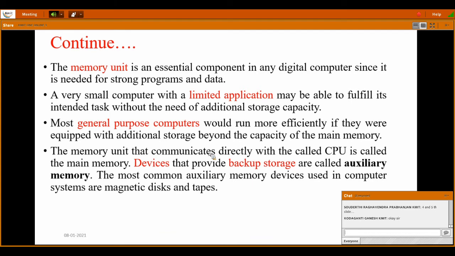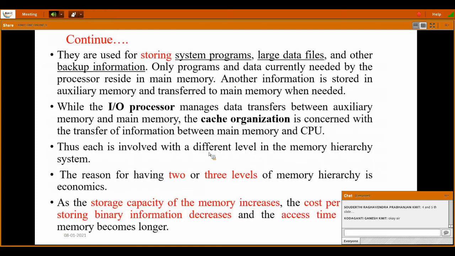The most common auxiliary memory devices used in computer systems are magnetic disks and tapes. They are used for storing system programs, large data files, and backup information.